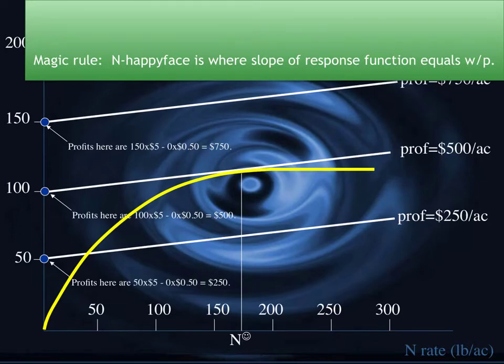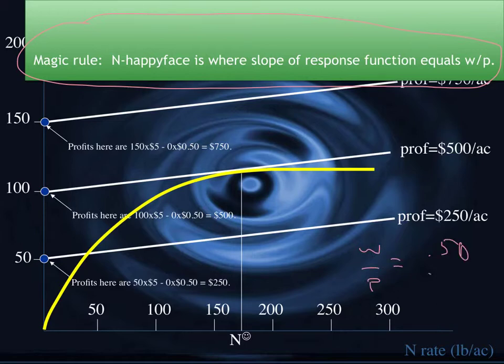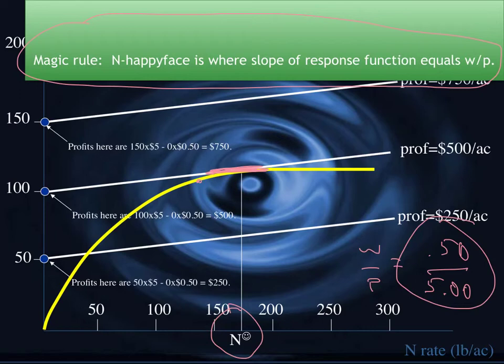Magic rule, N happy face is where the slope of the response function equals W over P. W here is 0.50. P is 5.00. And where the slope of the response function equals 1/10, that's going to be where N happy face is.